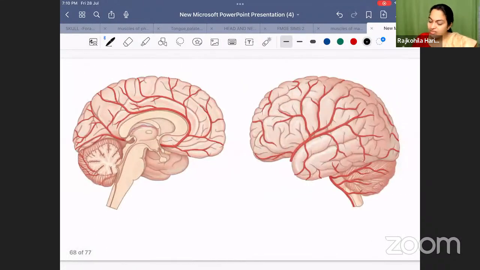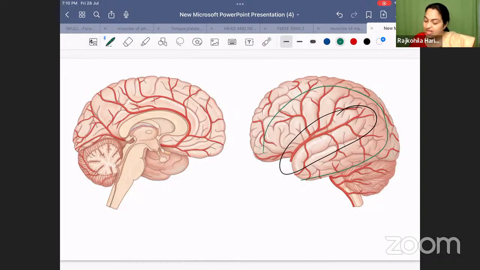Now, coming to the middle cerebral artery, it is going to supply this area, the majority of the supralateral surface, that of course has the frontal eye field, premotor cortex, primary motor cortex, 3, 1, 2, right? 1 and 2 in the postcentral gyrus.